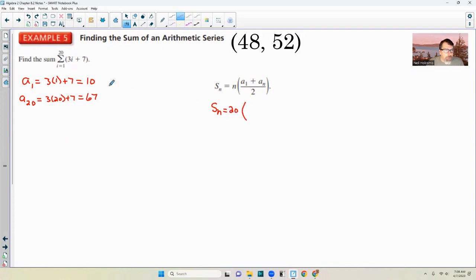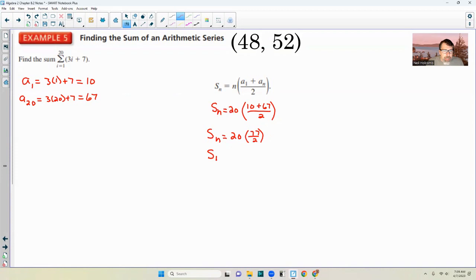Parentheses, A sub 1, which is 10, plus A sub n, which is A sub 20, which is 67, all over 2. So S sub n is going to equal 20 times 77 divided by 2.